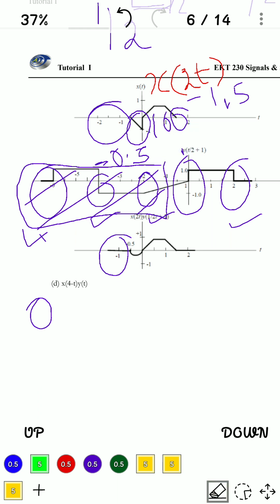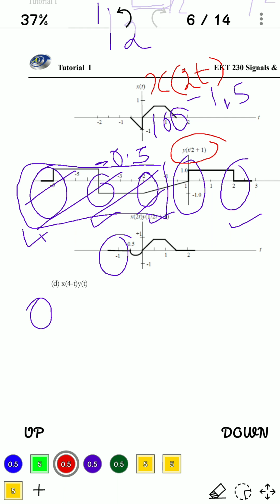So you can see that. So see here, this is y of t by 2 plus 1, which is being written over here. This is x of 2t, right? So now at the time period minus 1 to 0. So see here, this is my minus 1 to 0. So this is 1.5.